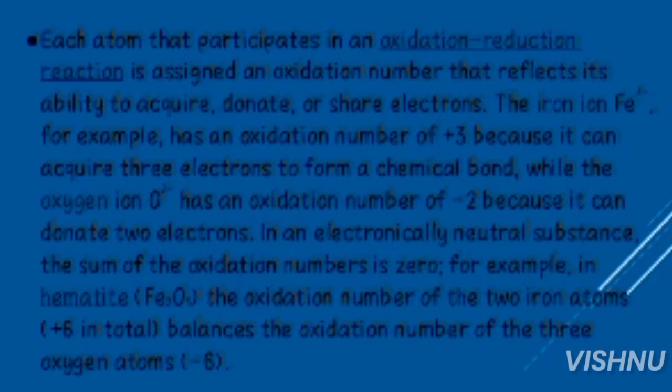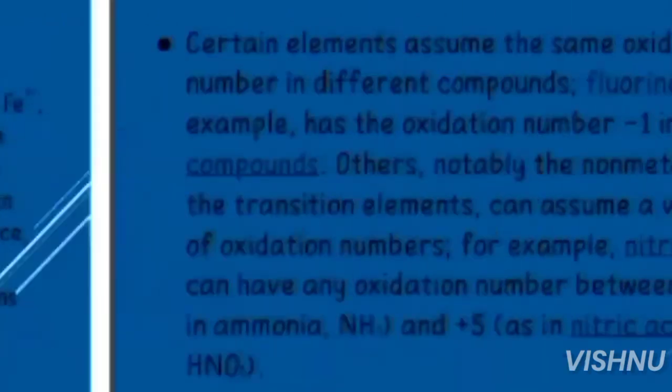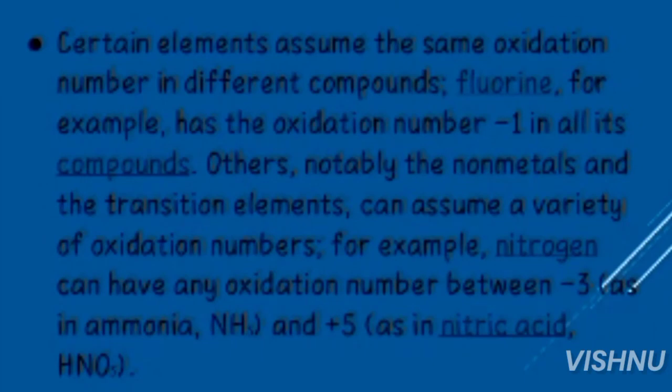In an electronically neutral substance, the sum of the oxidation numbers is 0. For example, in hematite, the oxidation number of the 2 iron atoms balances the oxidation number of the 3 oxygen atoms. Certain elements assume the same oxidation number in different compounds.